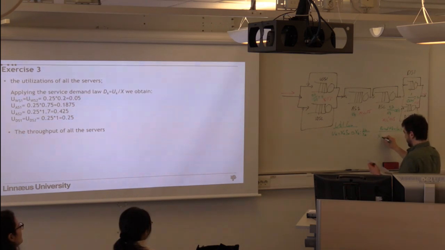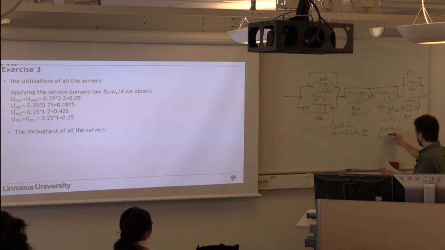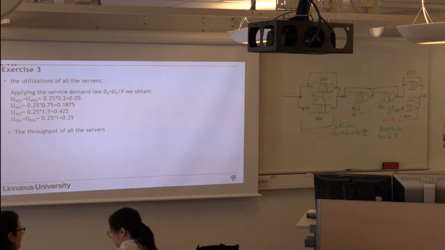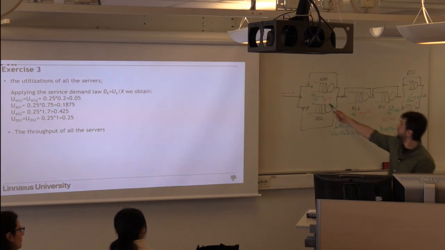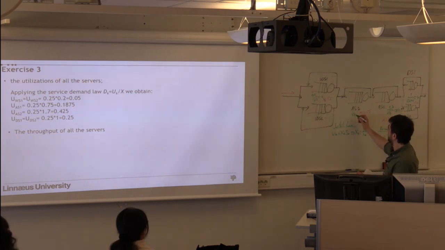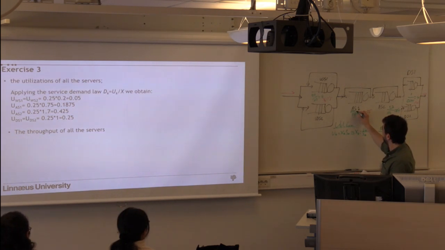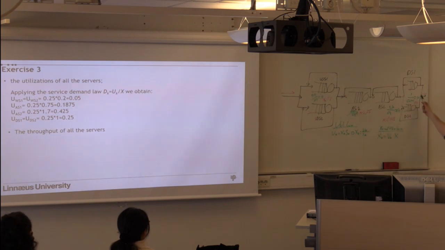This was the throughput of an element of the system, a component of the system, is the number of visits times the throughput of the system. We had computed before the number of visits: this is 2, this one was 5, 0.75 divided by 0.15, 5, 8.5 and 4.